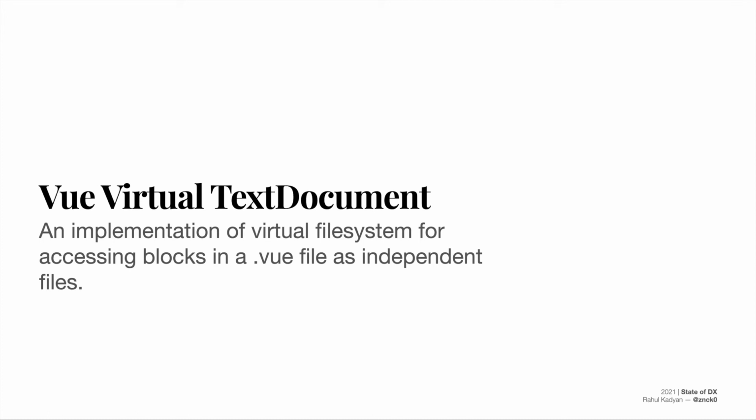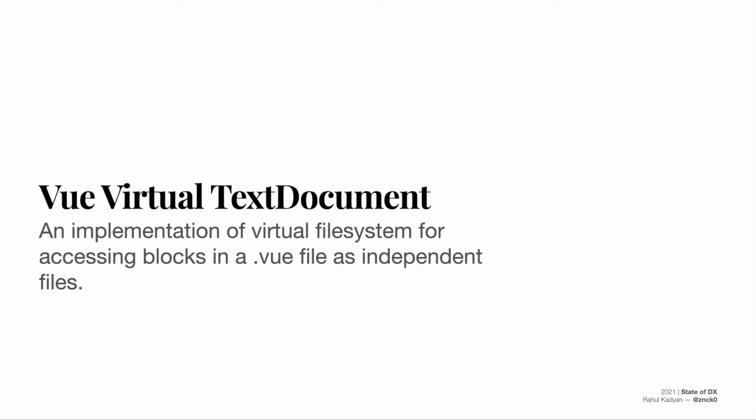Then there is a virtual file system. The TS plugin works by exploding a .vue file into multiple files that are kept in memory and represented as virtual files. So if you import a Vue file, you are importing the virtual file for the script block.